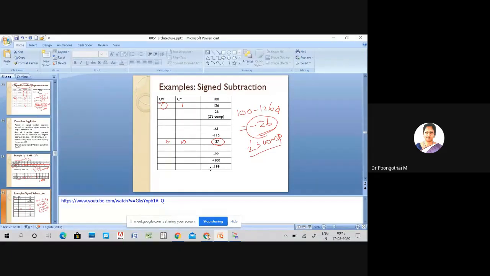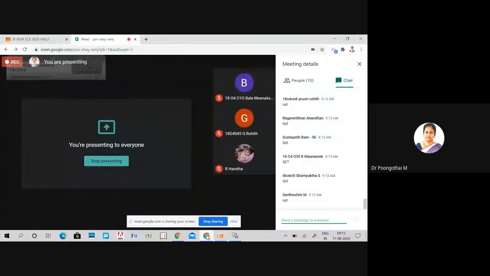Find out the answer. What is the answer? Overflow is set or reset? Overflow is set. What about carry?